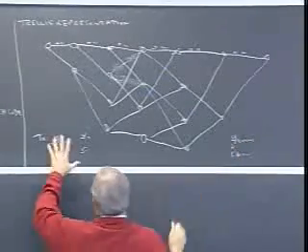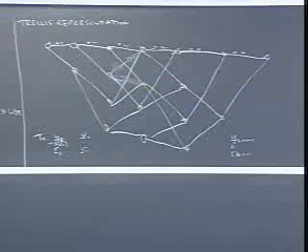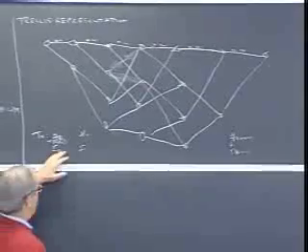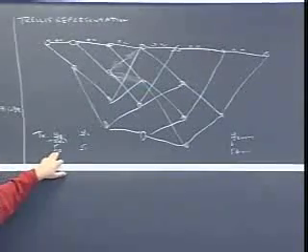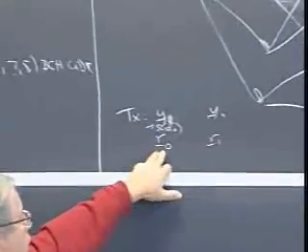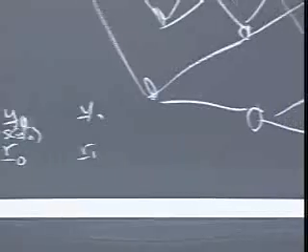Okay, so we have a transmit two-tuple and a receive two-tuple every time, and we're going to assume that the channel is memoryless so that the probabilities of receiving the various possible received values, the likelihoods, are independent from time unit to time unit. That's the only way this works.